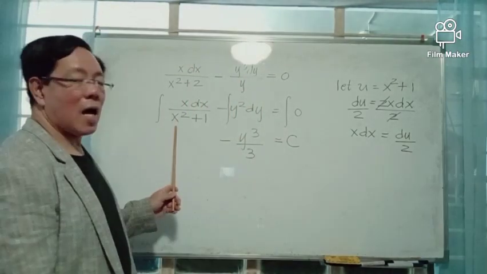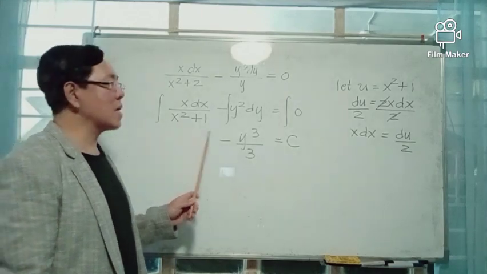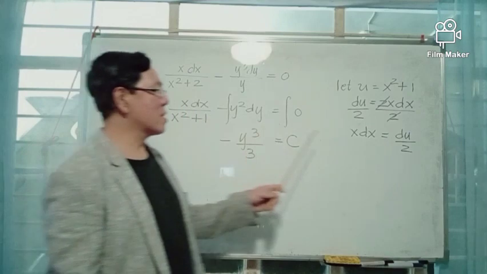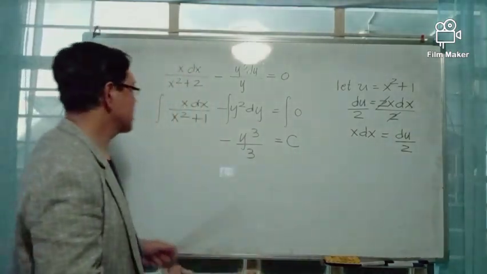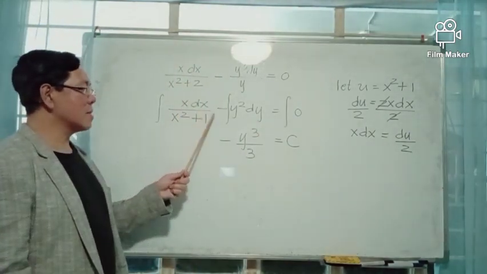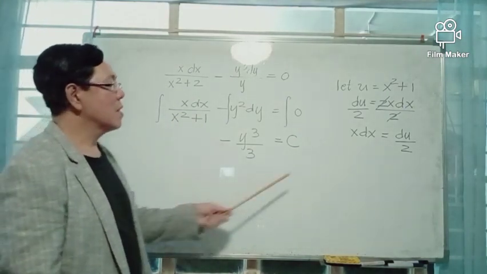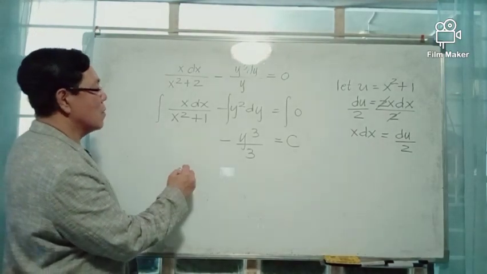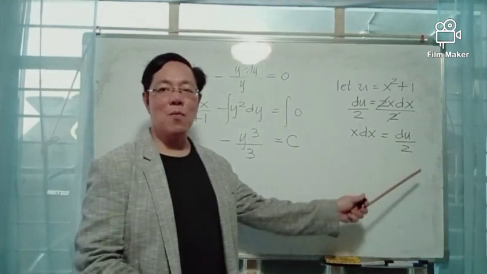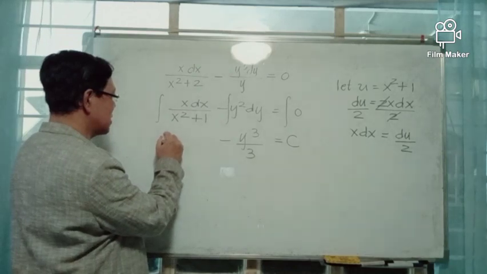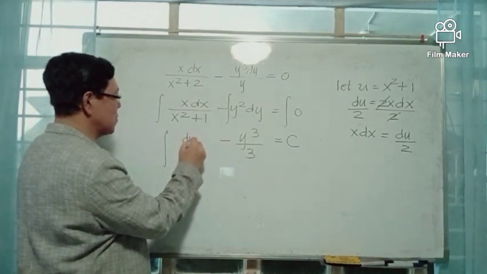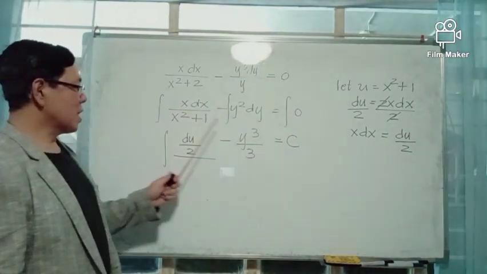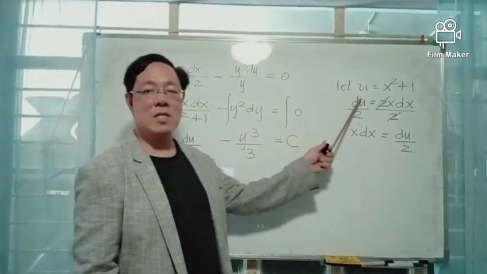We replace x squared plus 1 in the denominator by u, and we replace x dx with du over 2. Hence, the integral of x dx over x squared plus 1 by this algebraic substitution is now x dx is du over 2, the integral of du over 2 divided by x squared plus 1 is u.